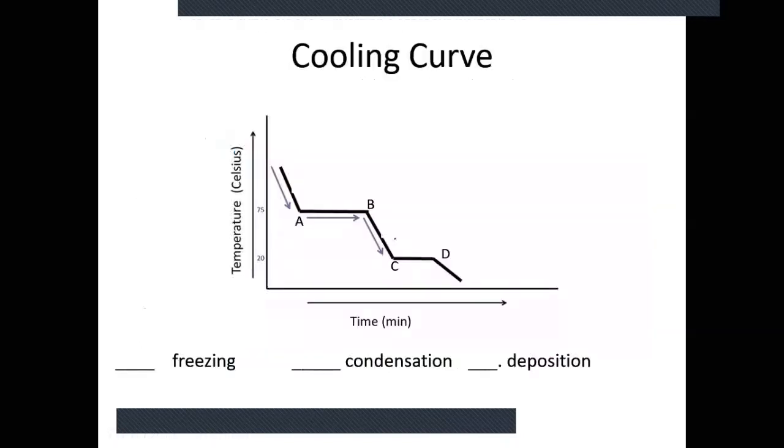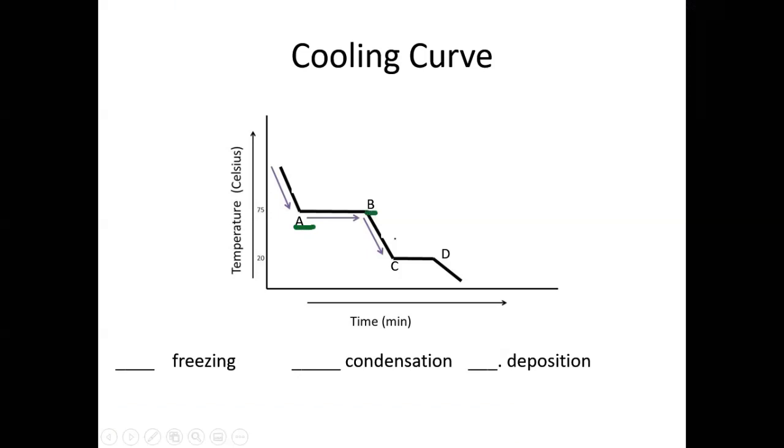So here we're just showing you a simplistic version of a cooling curve. Here we start at some high temperature, and we go to a low temperature. So for example, condensation occurs between points A and B, because at A and B we're going from a gas to a liquid.